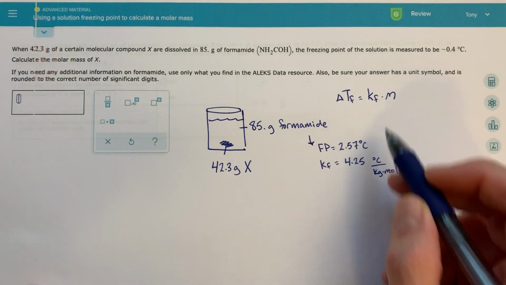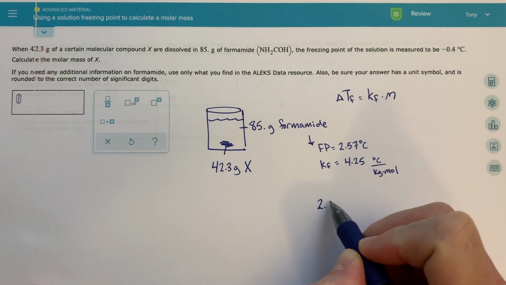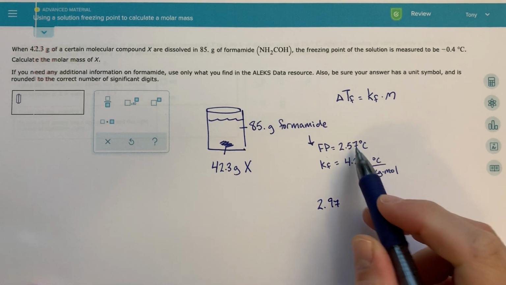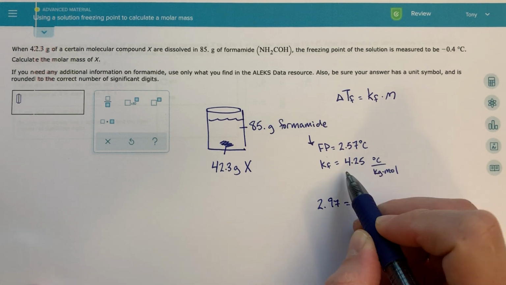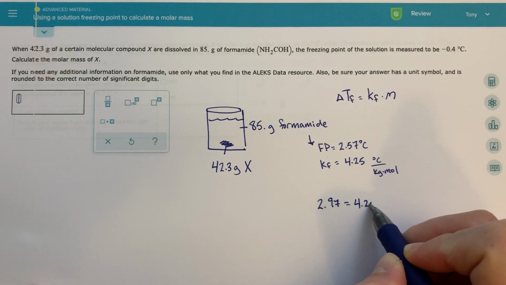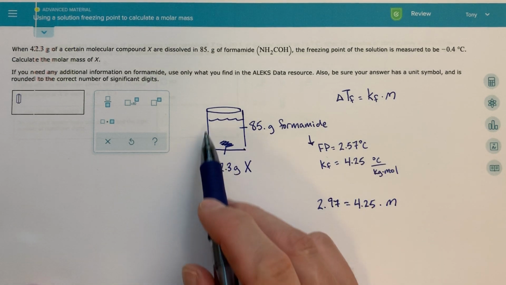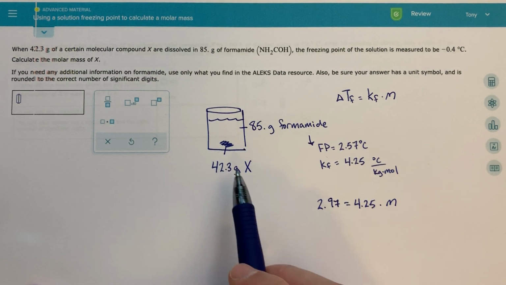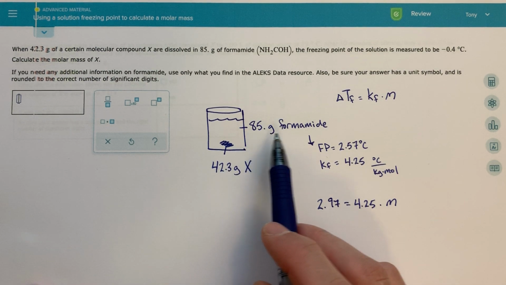So if I just take that information, I know that my delta Tf is 2.97. So 2.57 minus 0.4 is equal to Kf, 4.25, times the molality. And the molality is the molality of this solution, right? That's going to be the moles of X divided by the kilograms of solvent.